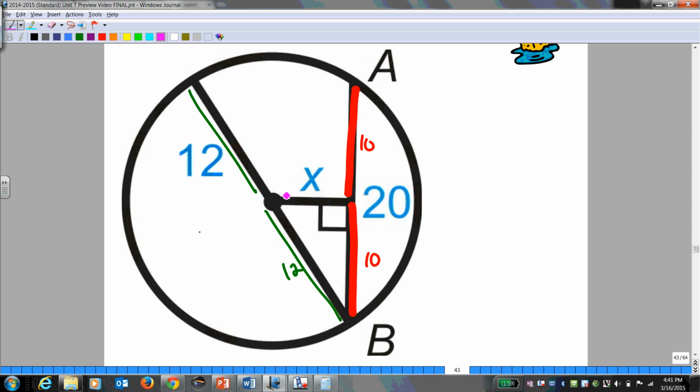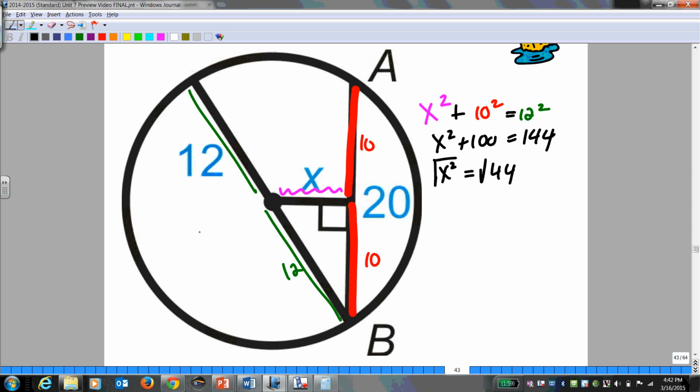So I'm going to find x. It's x squared, leg squared, plus the other leg squared equals the hypo squared, which is 12 squared. So we have x squared plus 100 equals 144. X squared equals 44.